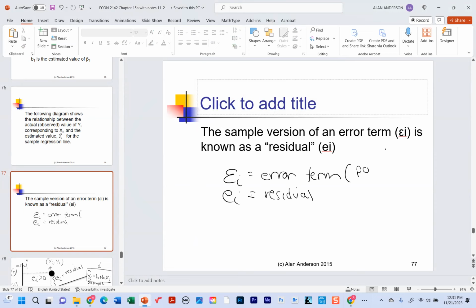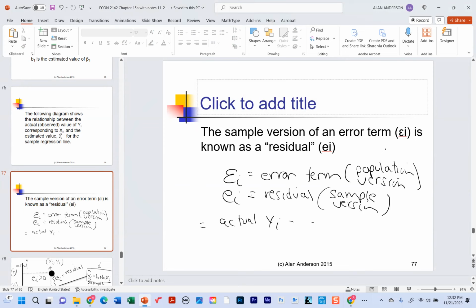Epsilon is the population version, and this is the sample version. But in both cases, what they both represent is the actual y minus the estimated y. In other words, the regression made a mistake.